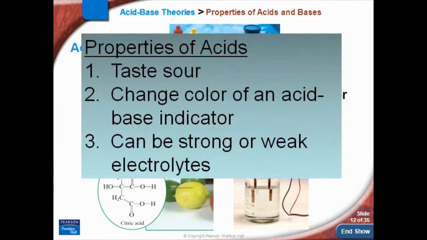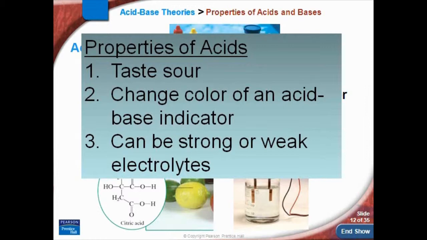Now, here are the properties of acids. I want you to write these down in your notebook for your 10 points of class participation today. These are important points you're going to need to know. Acids: 1, taste sour. 2, they will change the color of an acid-base indicator. And 3, they can be strong or weak electrolytes.